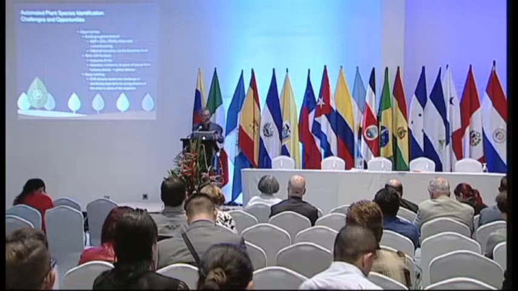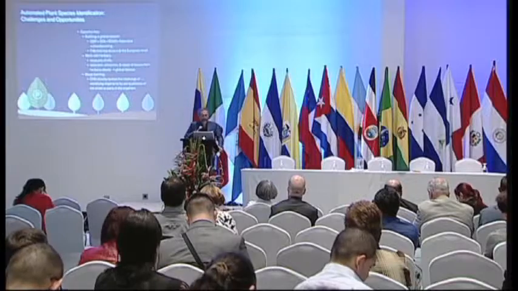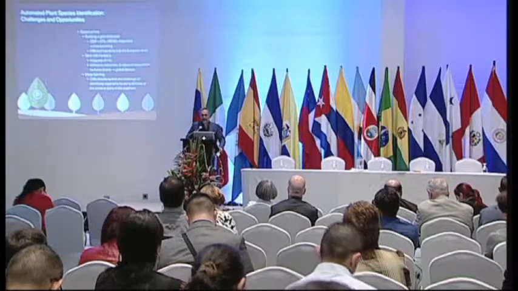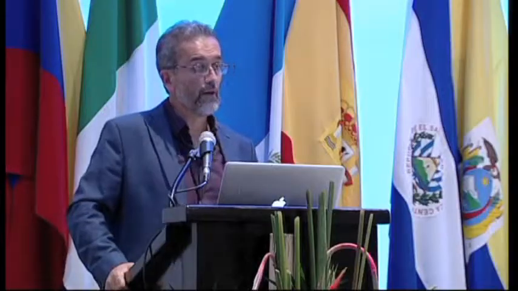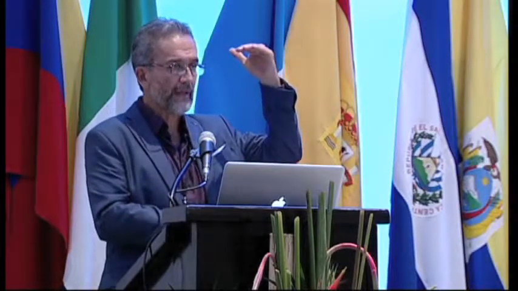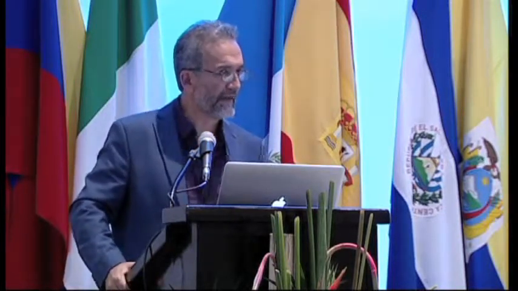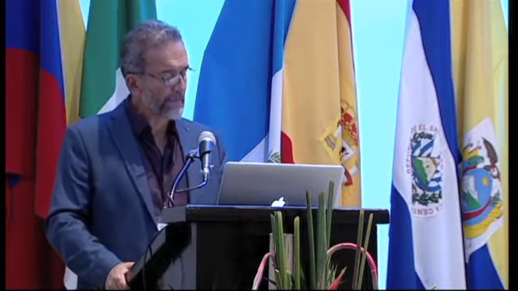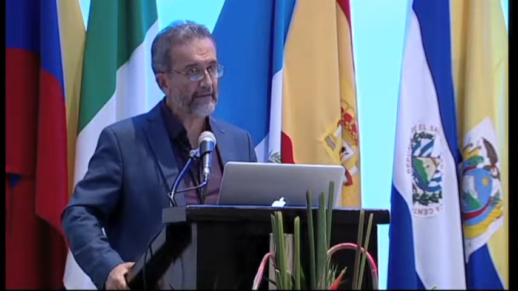Now, herbaria. Herbaria have invested a lot of time, a lot of money in creating their treasures. I call them treasures, where they have sheets where they mount plants with all the elements necessary to help identifying other plants. It's a lot of time, it's a lot of effort, and they are only starting to digitize that information.